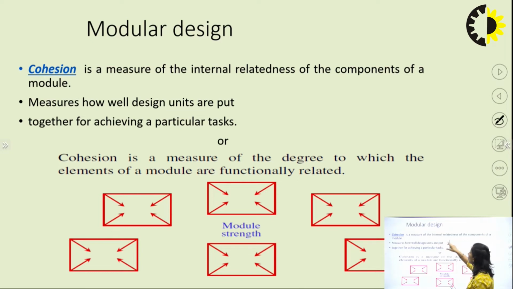It is a measure of the internal relatedness of the components of a module: how the modules are internally connected, and how well the design units are put together to achieve a particular task. So we define cohesion as the measure of the degree to which the elements of a module are functionally related, that is, how the elements of a particular module are internally related.